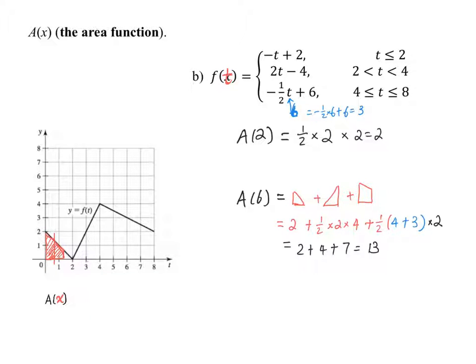So therefore, when x is less than 2 and greater than or equal to 0, A of x is always going to be the area of a trapezoid, which looks like this. And we need to find a formula for this. So basically it's going to be 1/2 times the base 1.